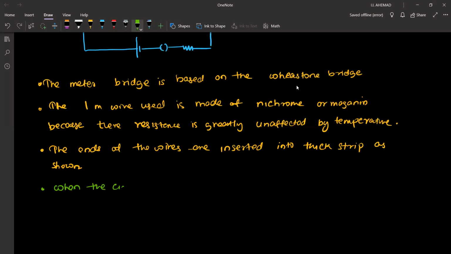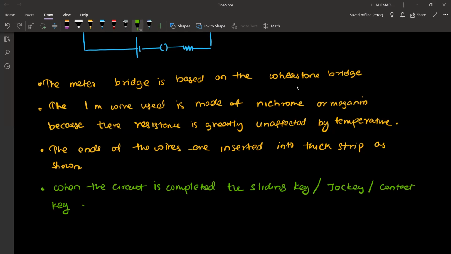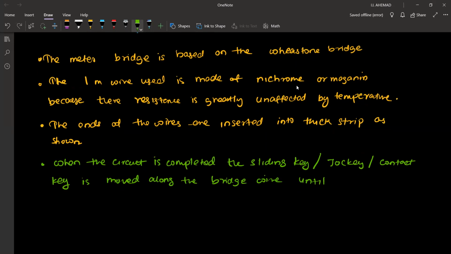When the circuit is completed, the sliding key or jockey or contact key is moved along the bridge wire until balance condition is obtained.